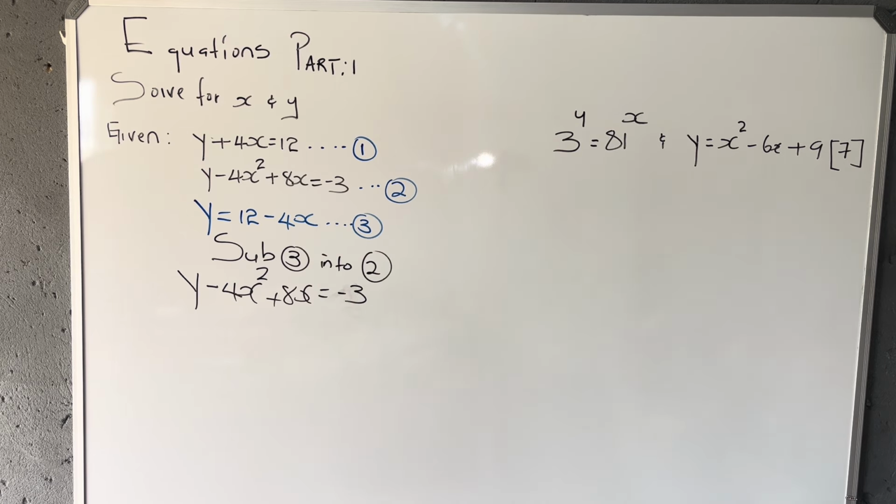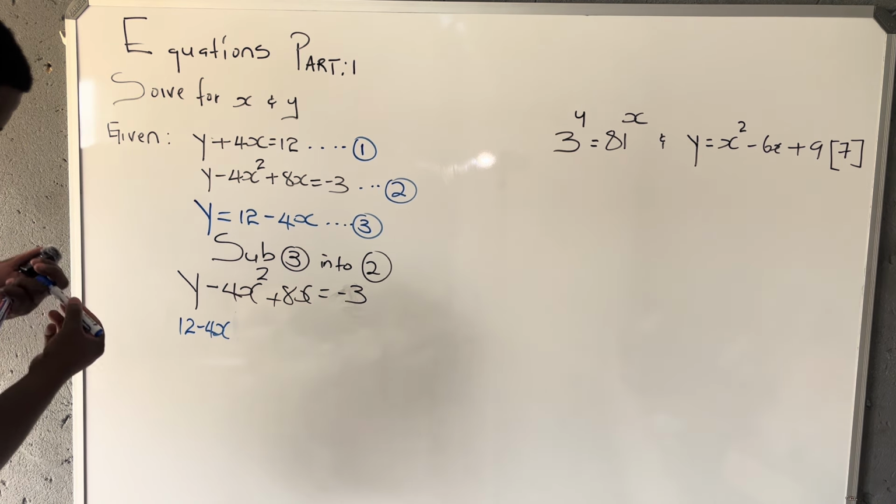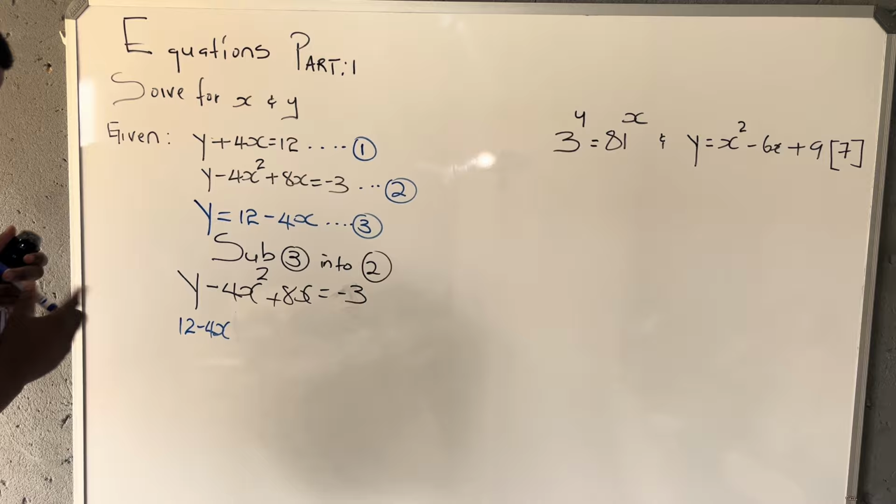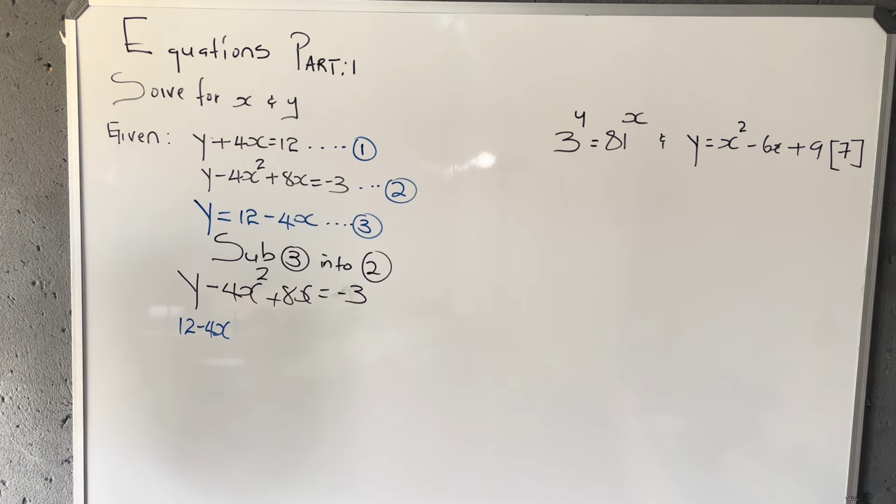So I'm going to put 12 minus 4x. Remember, this is where y was, but there's no need to put a bracket because there's no number to multiply with outside. The coefficient of y is 1. So now, look at what we did there. Now, I copy everything as it is.